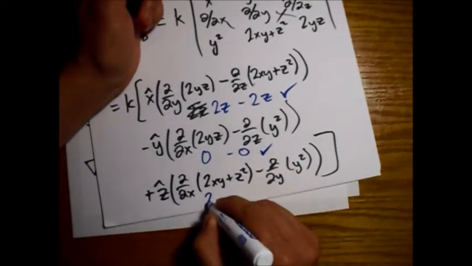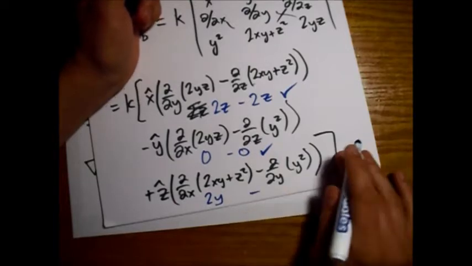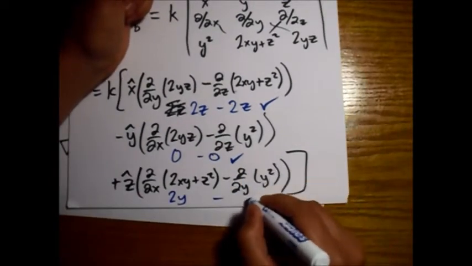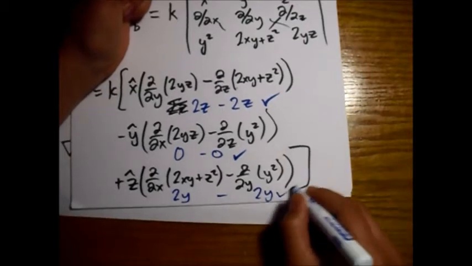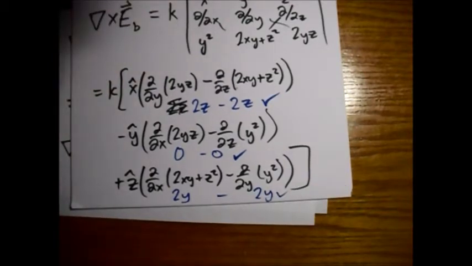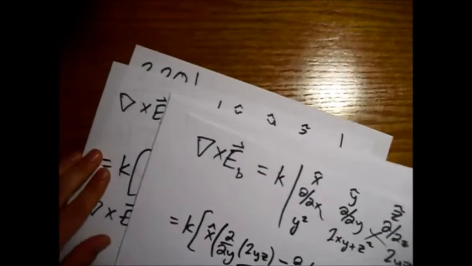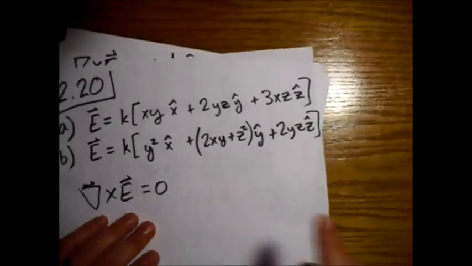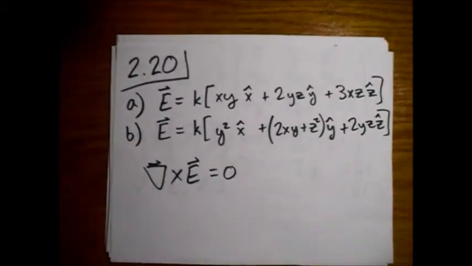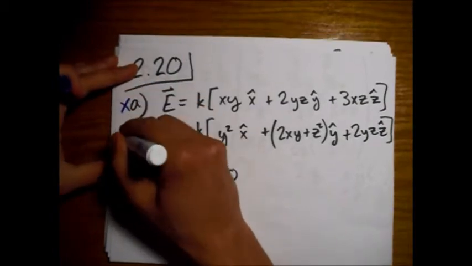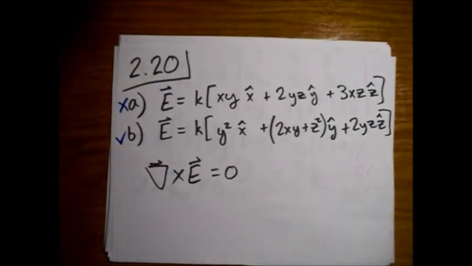We have a 2y in the first part, minus, and then d by dy of y squared is also 2y, and so we get 0 again. So this one checks out all three terms, and we know we have a viable electrostatic field in this second equation here. Right, so this one's bad, this one's good, and now we move on to the next part.